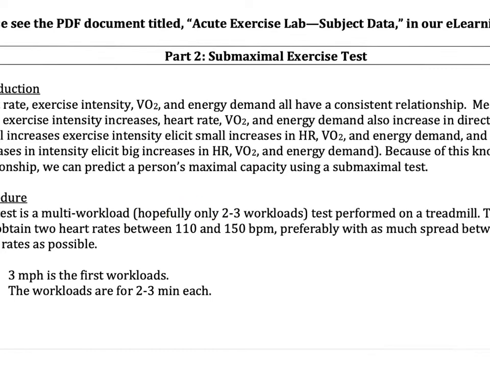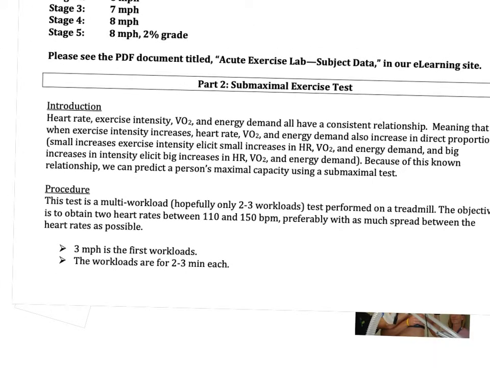But the submaximal test: heart rate is directly related to VO2 and exercise intensity and energy demands. We know that if we have small increases in exercise intensity, that'll elicit a small increase in heart rate, VO2, and energy demand.